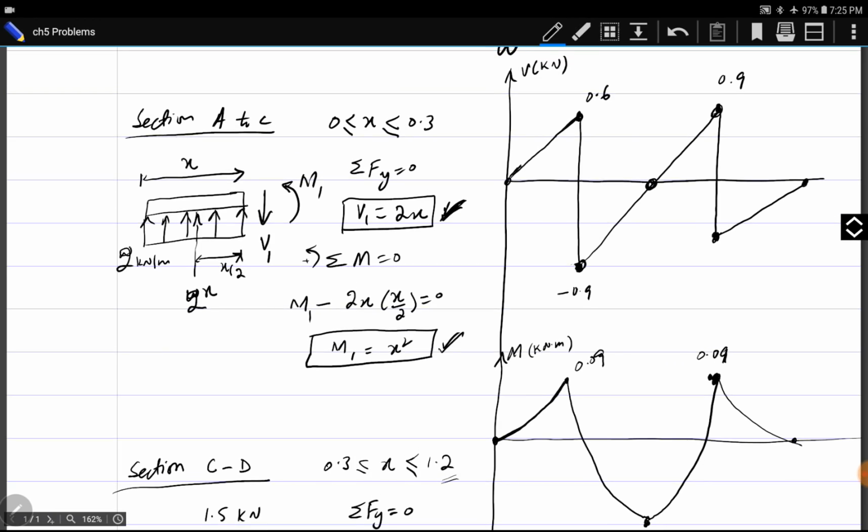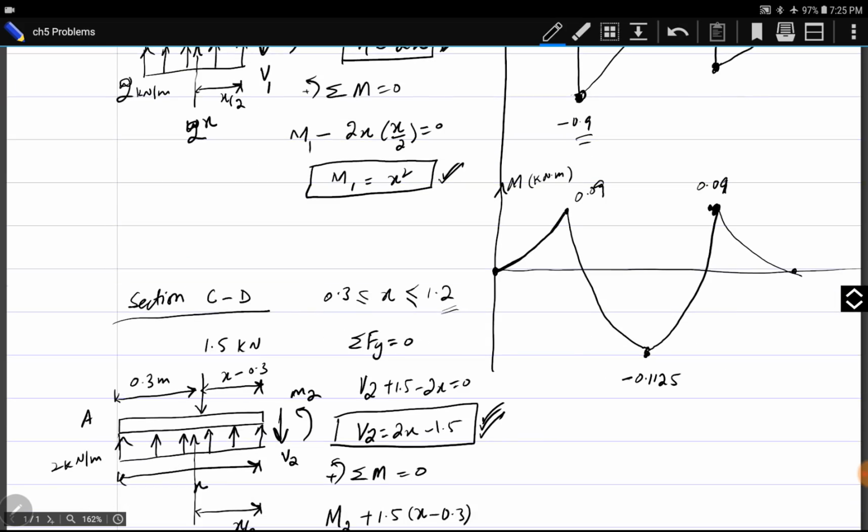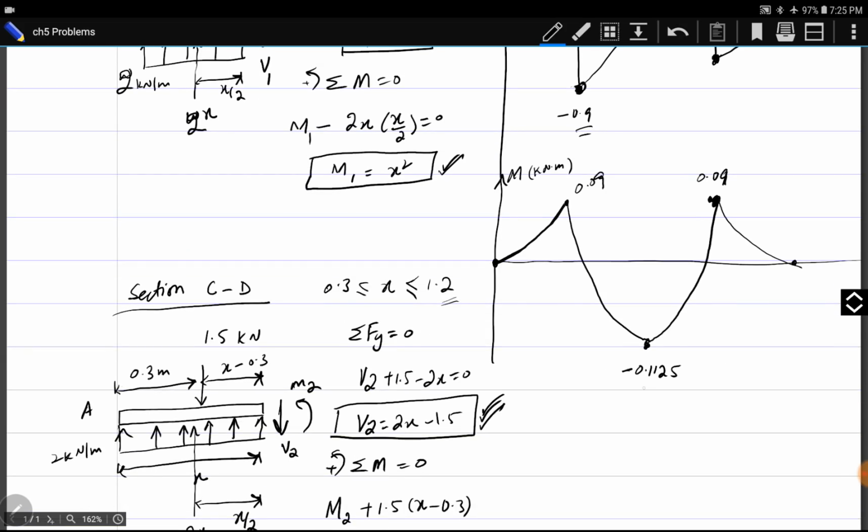For shear force, the maximum absolute value is 0.9. The maximum numerical value actually. Sign does not matter here. Absolute value means regardless of sign, what is the numerical value. So shear force is maximum. And maximum shear force is equal to 0.9 here or here. And maximum moment is 0.1125 kilonewton meter.